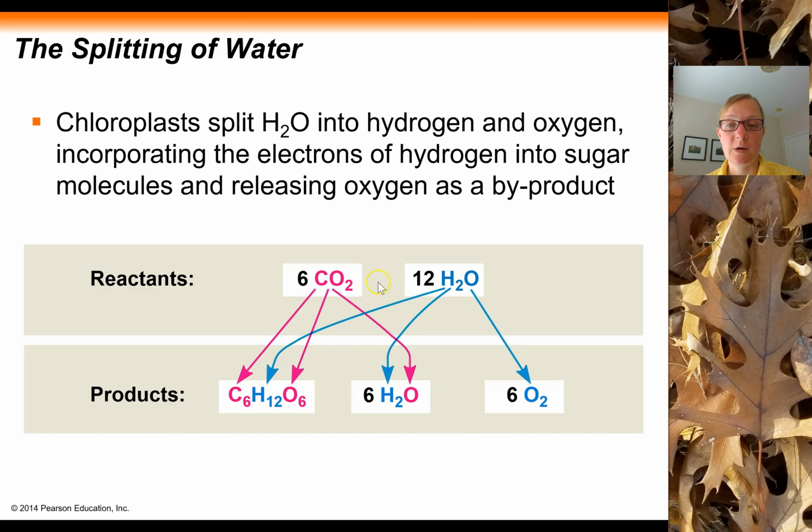In the first experiment, scientists took the oxygen in the carbon dioxide, labeled it with radioactivity, gave that carbon dioxide to photosynthetic organisms, and then followed to see where the radioactivity ended up. What they noticed is the radioactivity ended up in the carbohydrates that were being produced by the photosynthetic organism and in the water that was produced.